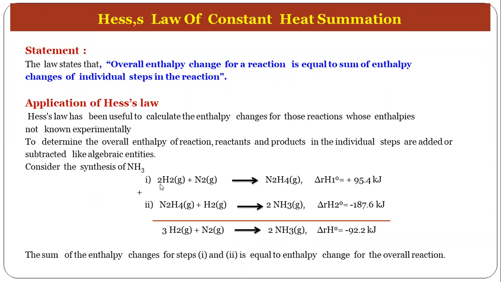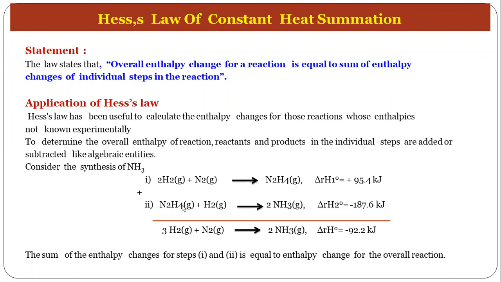In the first step, hydrogen gas reacts with nitrogen gas. It gives N2H4, and this is the enthalpy change, meaning this much energy is absorbed, 95.4 kilojoule. So in the first step, this is the change in enthalpy.